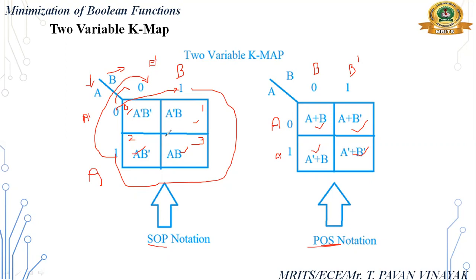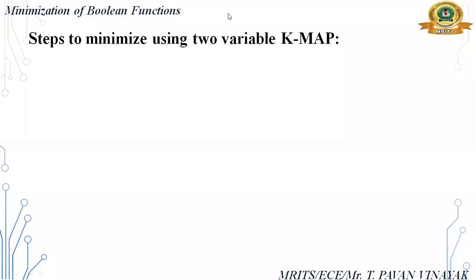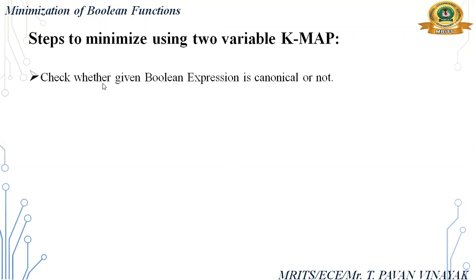So let us check how to reduce. Now you know how to draw the K map. Now the step is how to minimize it. How to minimize the expression using two variables K map. Let us check it. So next, steps to minimize using two variables. First step, check given Boolean expression is canonical or not.